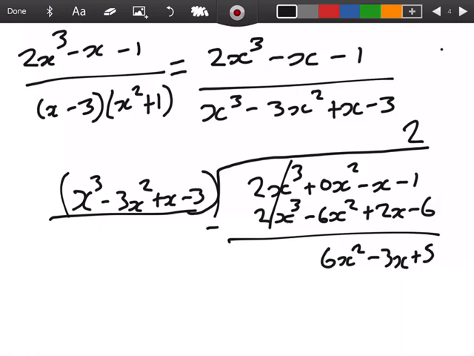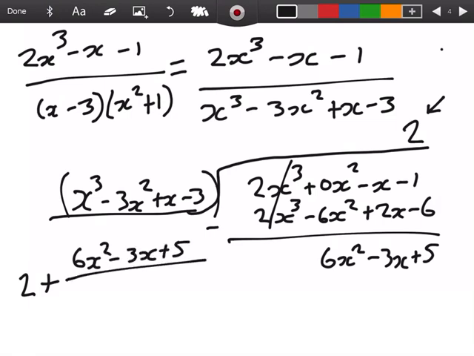And so how we put this into fractional terms is we take the top part, which is 2, so that becomes 2 plus 6x squared minus 3x plus 5, all divided by the divisor right here, but we're going to simplify it back into its bracket terms, x minus 3, x squared plus 1.